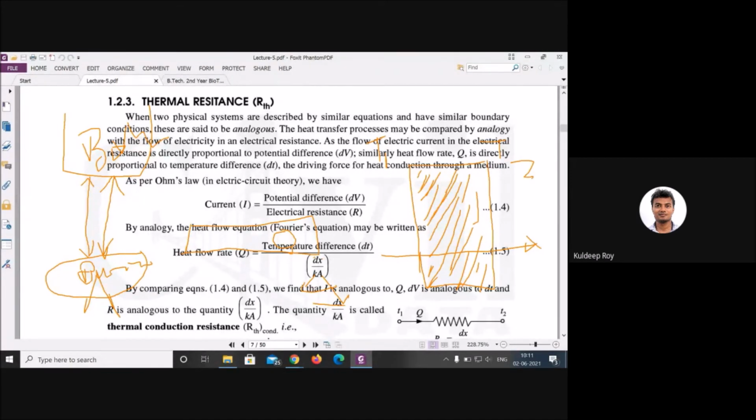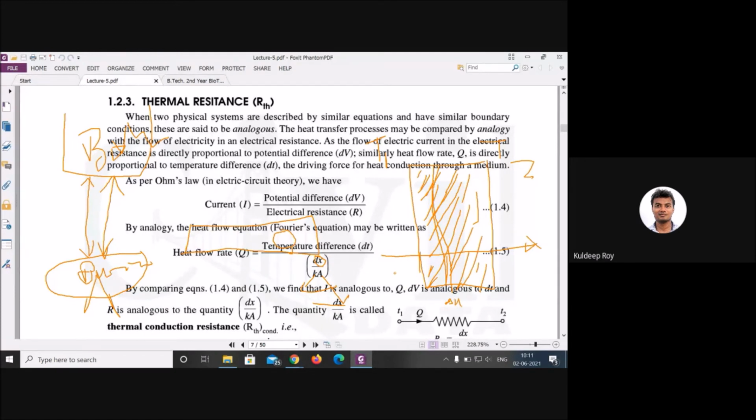And this is delta X, the infinitesimally small distance over which the temperature changes. If we take the distance here, delta X, it will depend on this position as well.